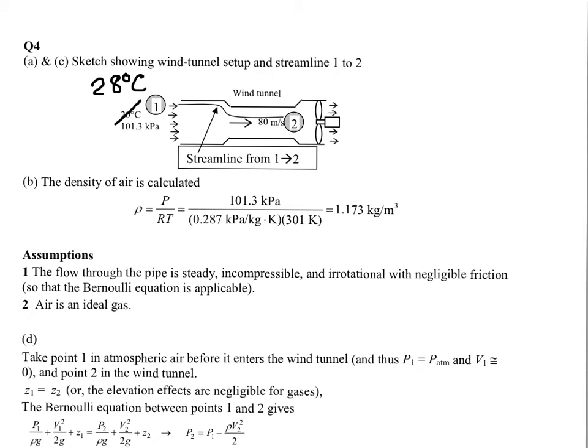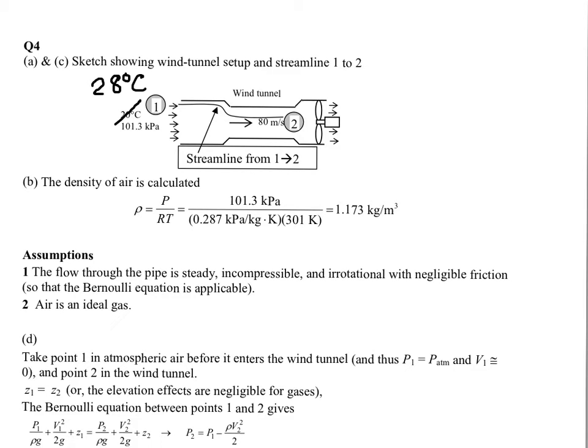The assumptions for Bernoulli's equation to apply are that the flow is steady, incompressible, irrotational, the friction is sufficiently small to be negligible, and that air is an ideal gas.